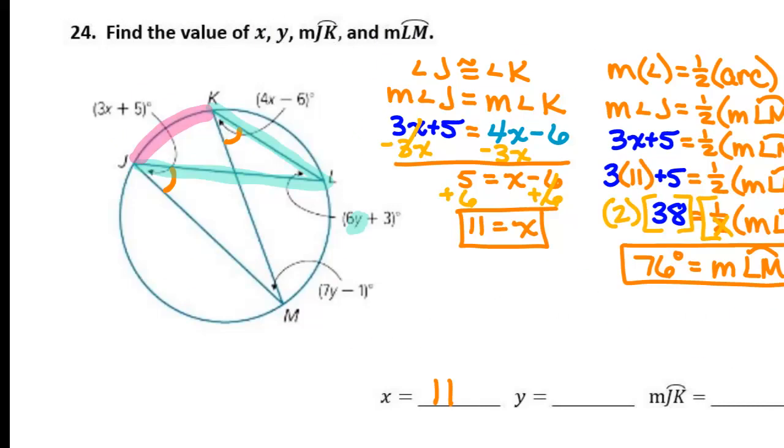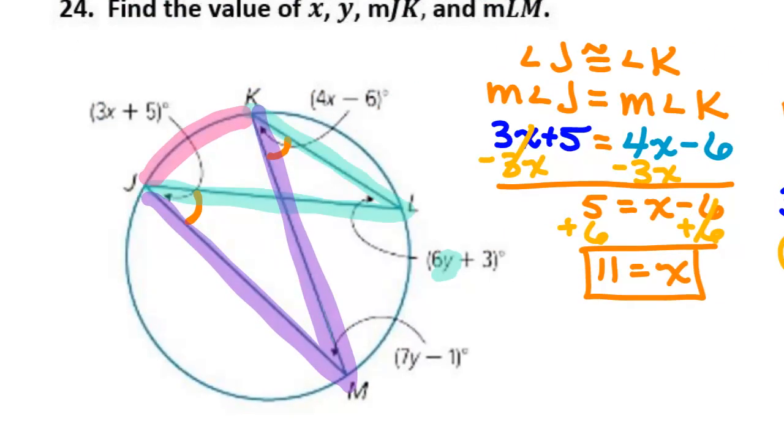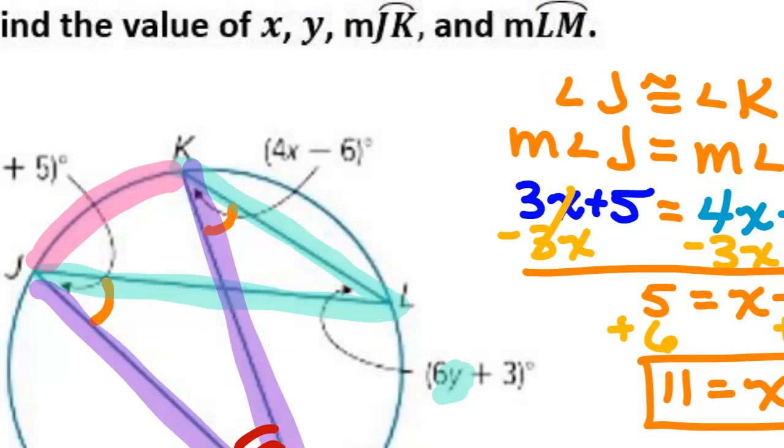I'm actually going to do that in purple so that it stands out a little better. Because those two angles intercept the same arc and they're both inscribed angles, they are congruent to each other.